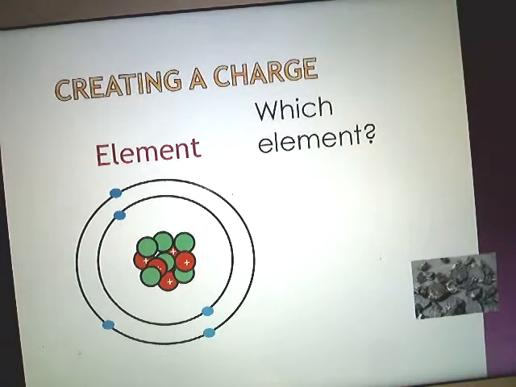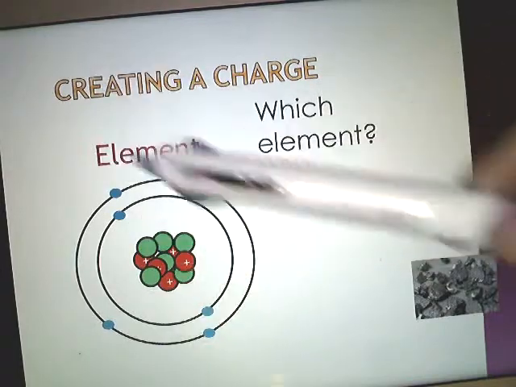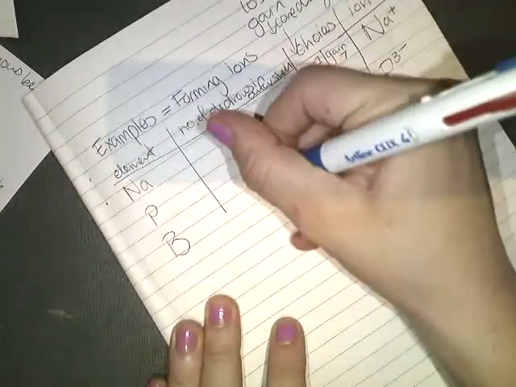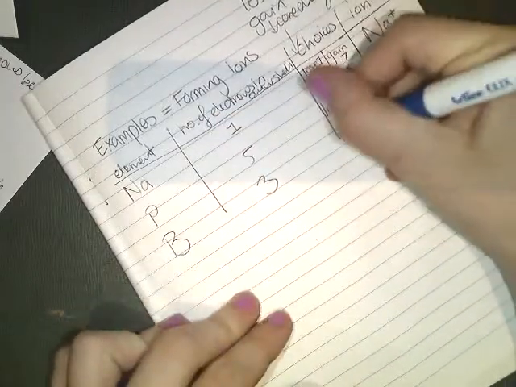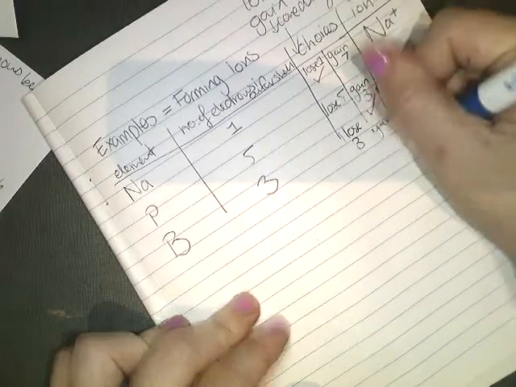Okay, now let's do another one. Which element is this one? 1, 2, 3, 4, 5. Okay, so we have boron. Boron is B. It has 3 electrons in its outer shell. It can either lose 3 or gain 5.